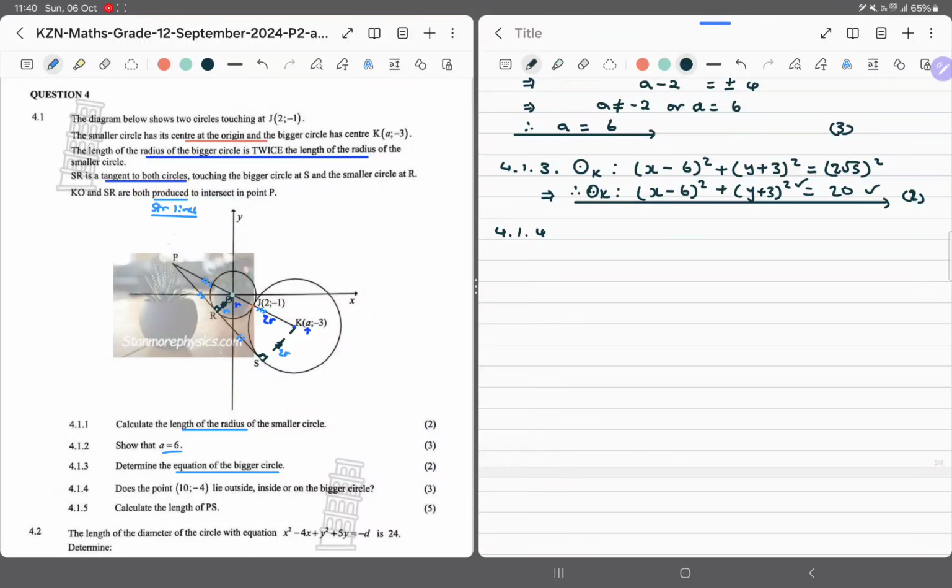Now we're told to determine whether the point 10 falls outside or inside the bigger circle. Okay, how do we know? Look at this. Remember the radius. Remember here we've got 6. Sorry, A is 6. But now if we say 2 root 5 to the circumference, so we want to know what is the distance to there.